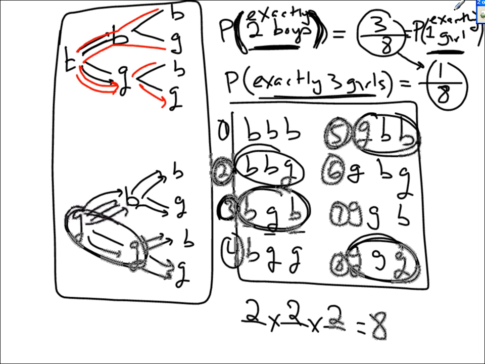And I want the one boy third. And here's where you have the one boy third. Either the first one's a boy, or just the second one's a boy, or just the third one's the boy. That way you can count more quickly and realize it's 3 on the top.